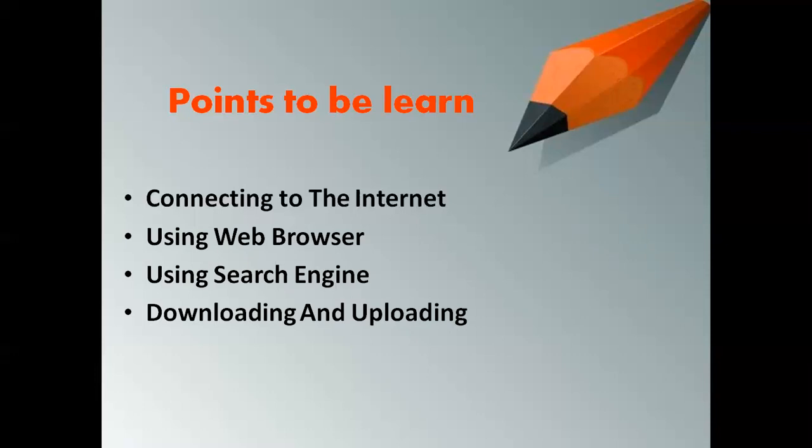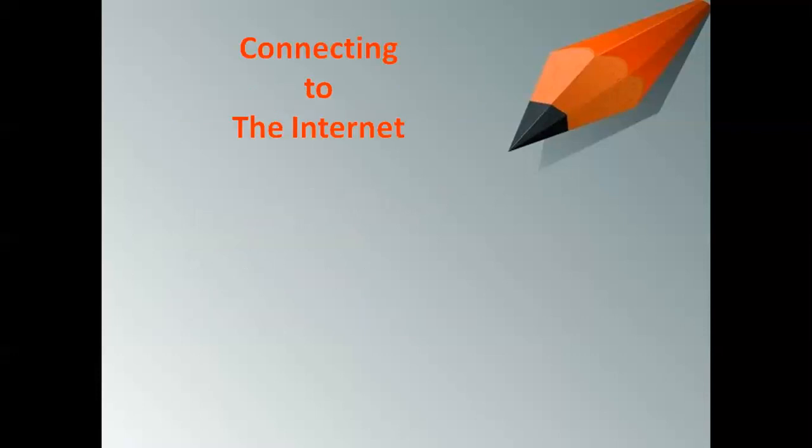So let's begin with the first point, connecting to the internet. In this point, we are going to cover a few sub points. As I said in the beginning, there are different types of connections. The first one I'm going to introduce is host terminal connection.